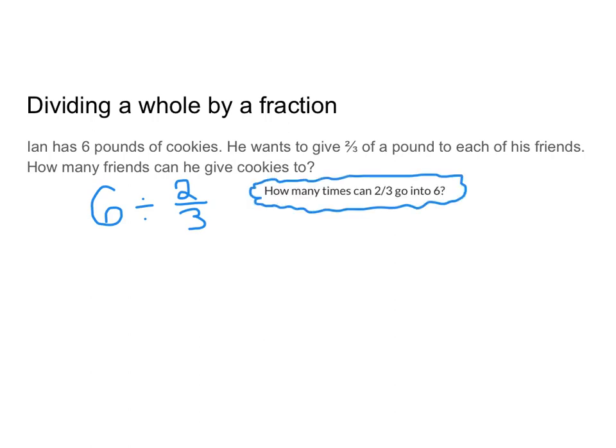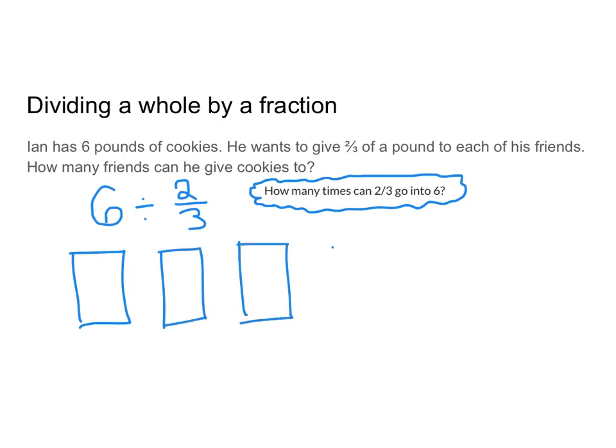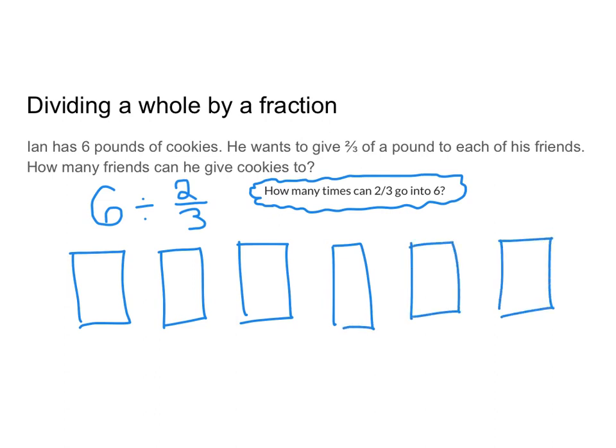So in order to do that, let's start. We're going to be using a visual model for this. So let's start by making 6 wholes. And just draw out 6 rectangles to represent 6 wholes. They should be roughly the same size, but they don't need to be perfect. And now we're trying to see how many times 2/3 can go into 6. So that means that we're going to be working with thirds.